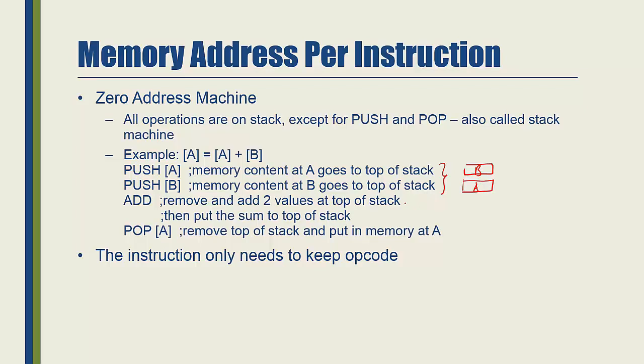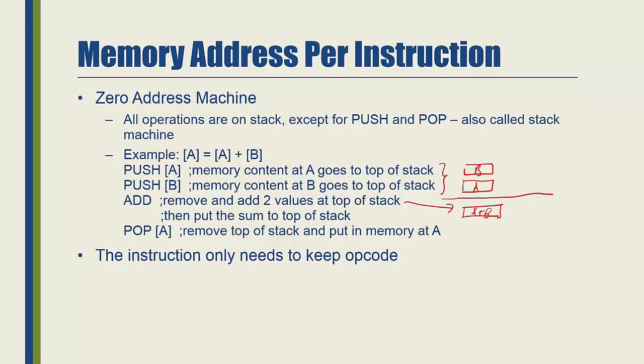So what happens in this instruction is that we put the value of A plus B on the stack. No more A and B. Before this step, we have values of A and B on the stack. After executing the add stack operation, we get the addition of A and B on the stack.